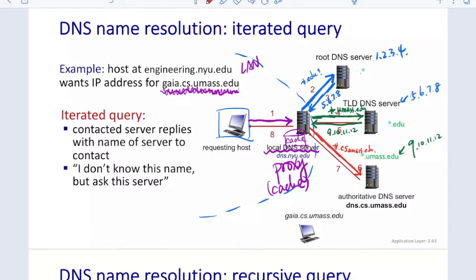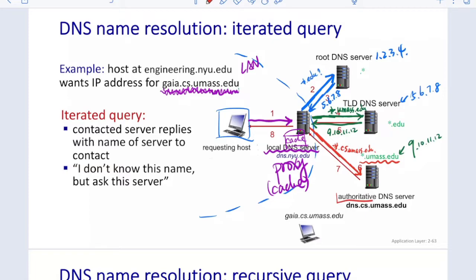Okay, but that's a little bit different right here, because 9.10.11.12, this specific host, is the last hierarchy, the leaf of the hierarchy.